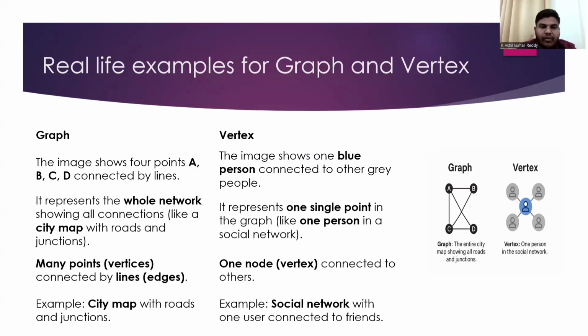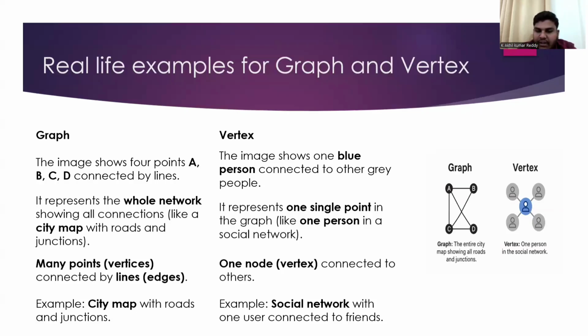Here, let us come to vertex. The picture on the right shows a blue colored person representing the social network. The image shows one blue person connected to other gray persons. It represents one single point in the graph, like one person in a social network.